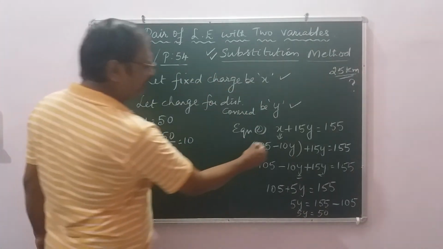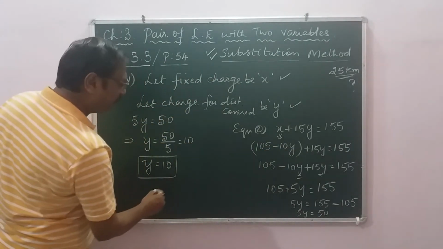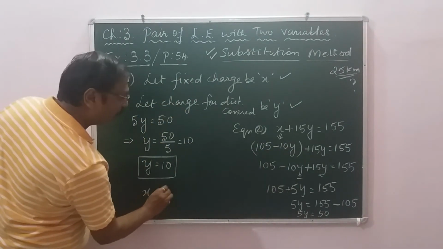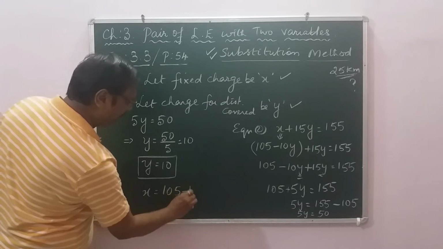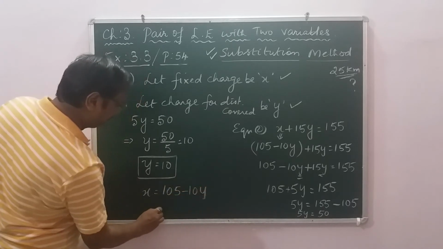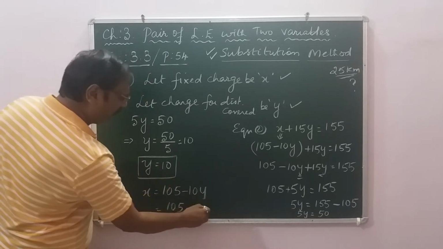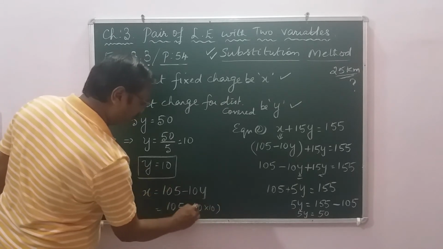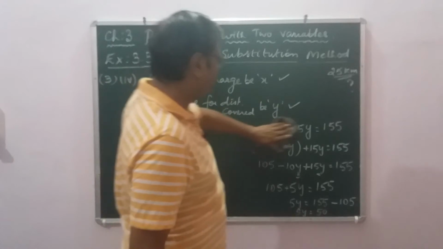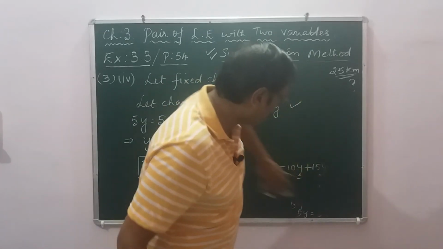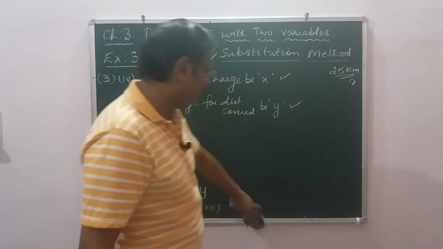Okay. So we already know x is this much. We know that x is equal to 105 minus 10y. That is equal to 105 minus 10, what is the y value? Multiply by 10. Okay. So let me erase this part now. Very carefully watch now.